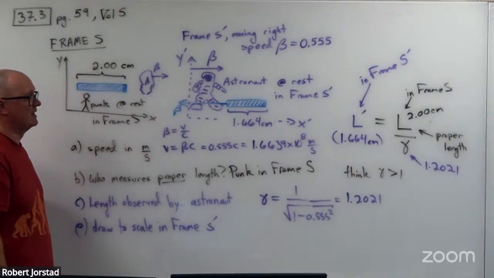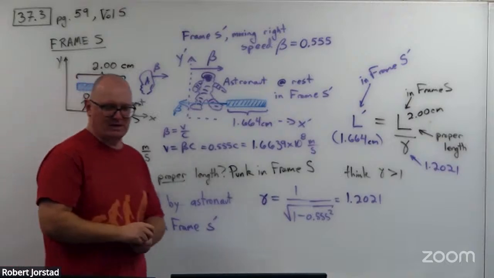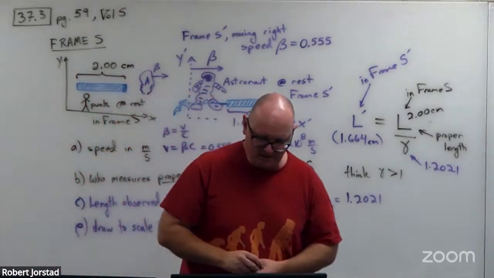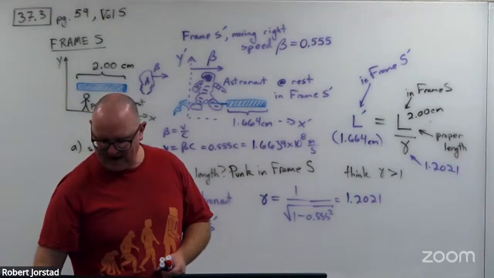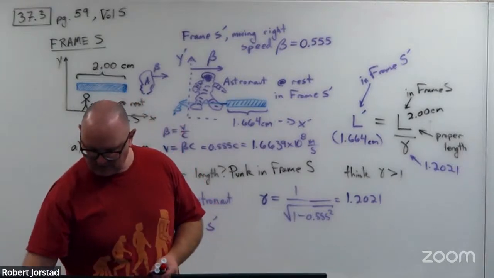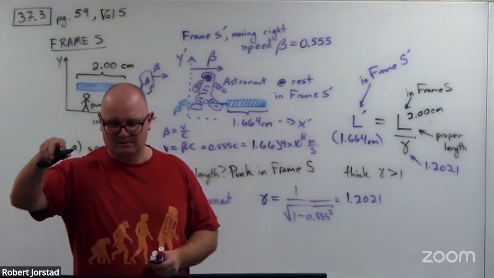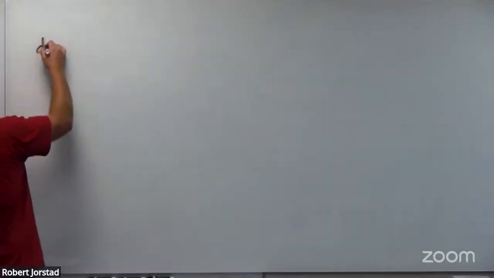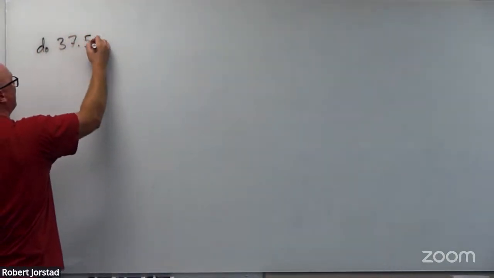All right? And there's a classic problem that you should probably follow this up with. If you look at 37.5, you should definitely do that one. I'll just go over here to kind of sketch it out for you. So I'll just mention, do 37.5 next.